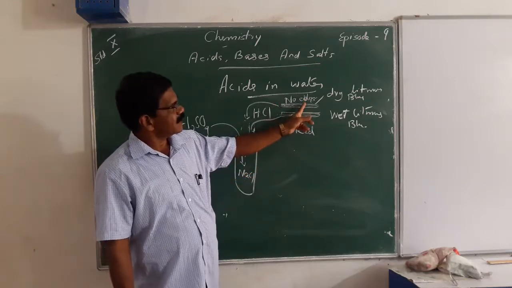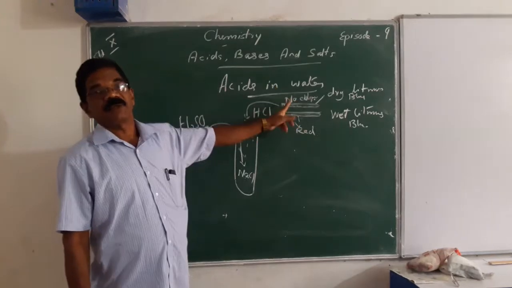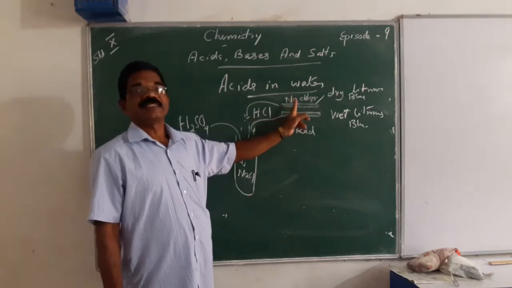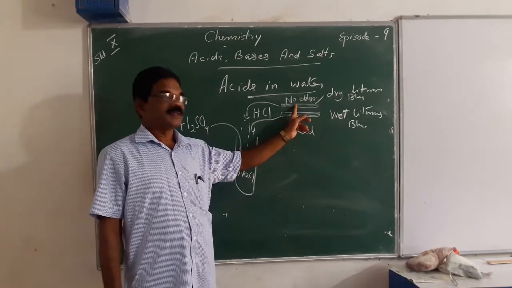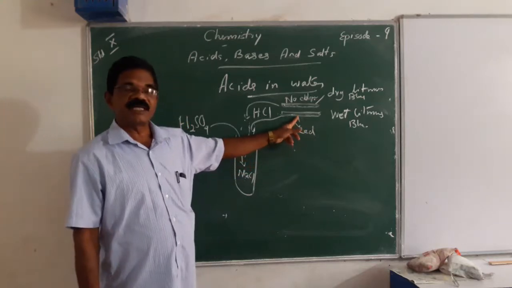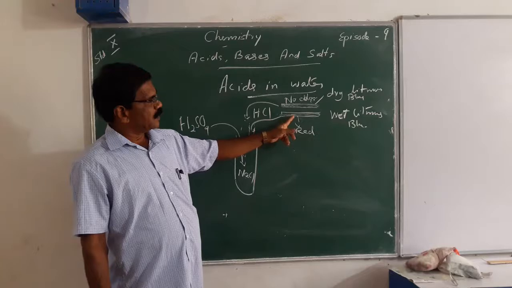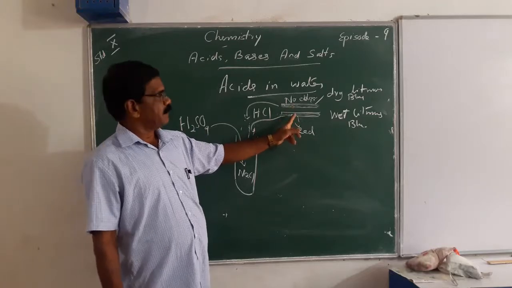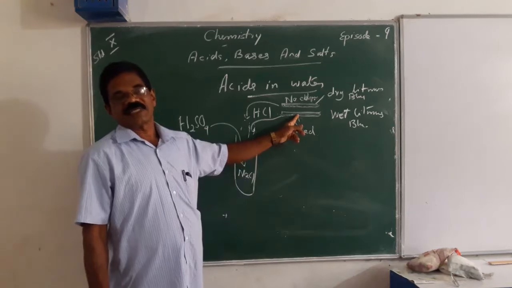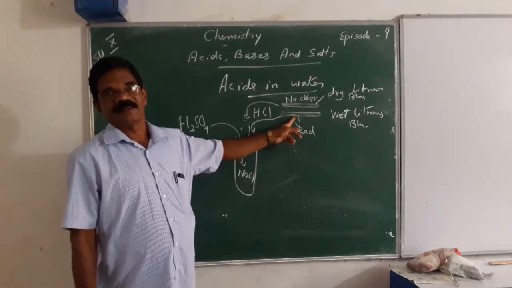In the dry litmus paper, there is no moisture, so the acid does not produce H plus ions. At the same time, in the wet litmus paper, there is moisture. When HCl gas comes into contact with the wet litmus paper, it undergoes dissociation, produces H positive ions and changes its color.